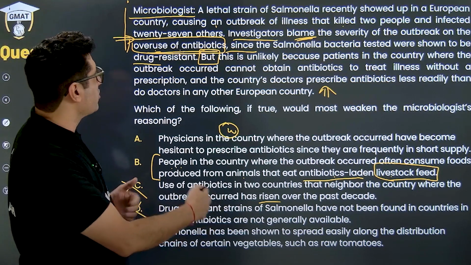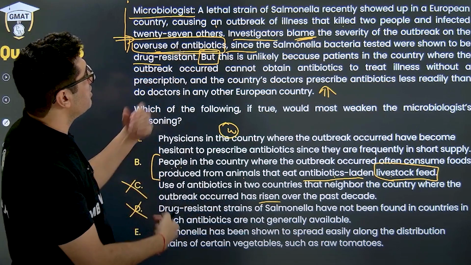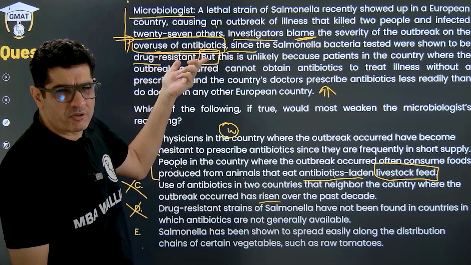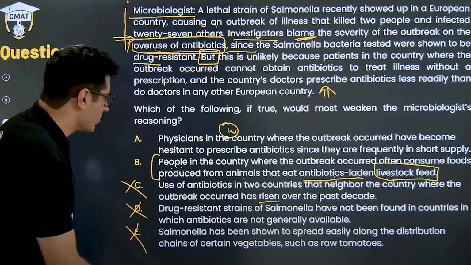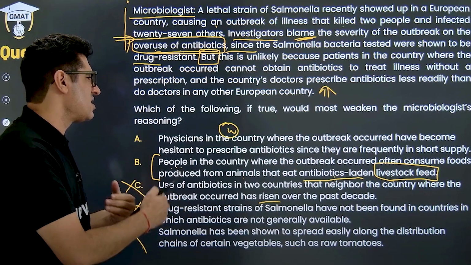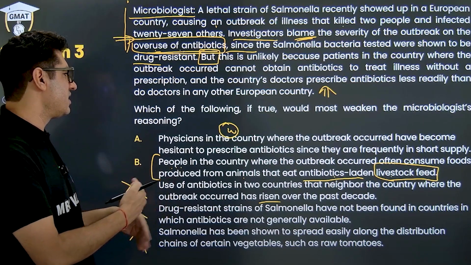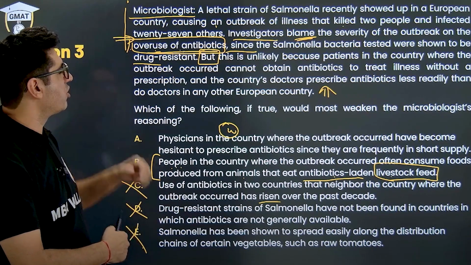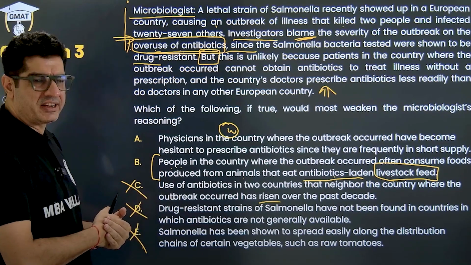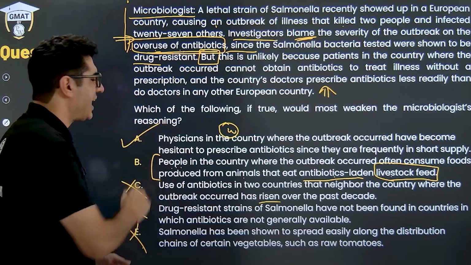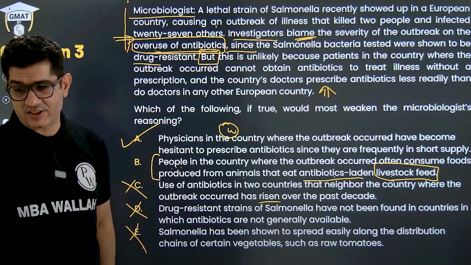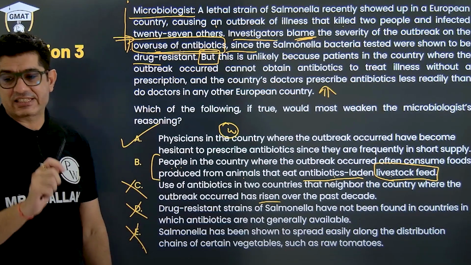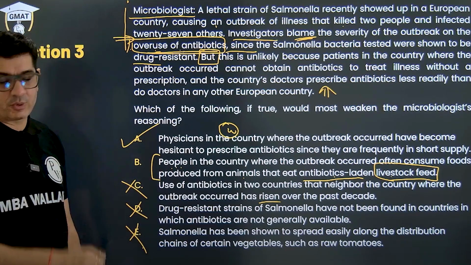Okay, it gets distributed, but how has it become drug resistant? Is it because of overuse of antibiotics? We don't know that. So there's only one option that creates a scenario which says that it must not be overuse of antibiotics, and that is A. So that's going to be our answer here. With that, let's now dive into our next question.